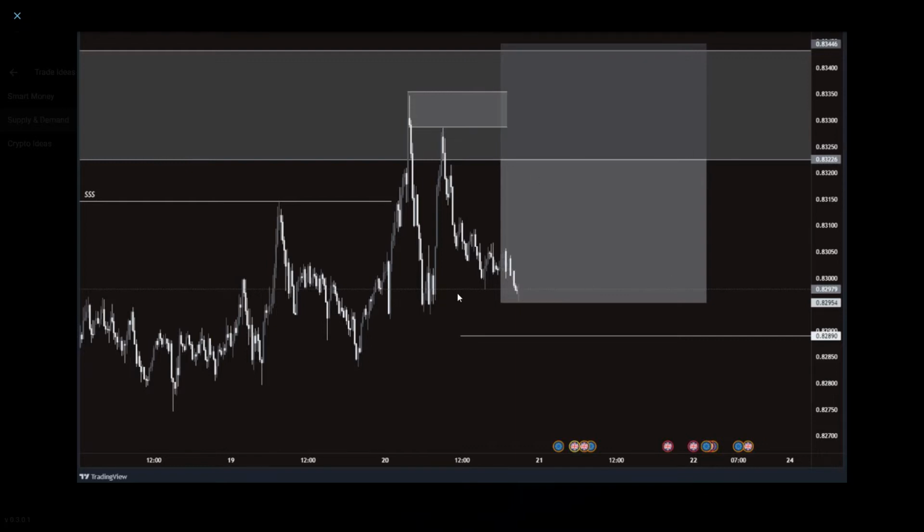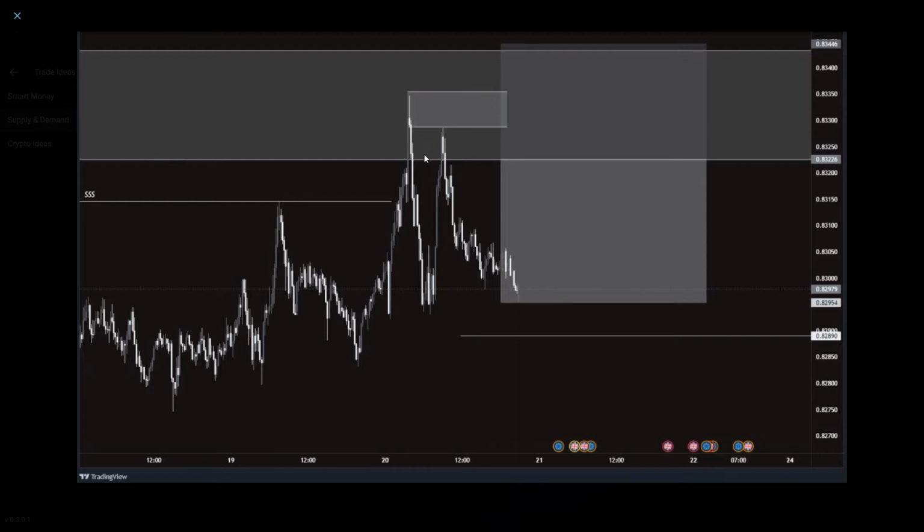So I didn't want to miss the opportunity, so I placed the entry here. We explain the whole setup in our daily analysis that we sent in our Discord.